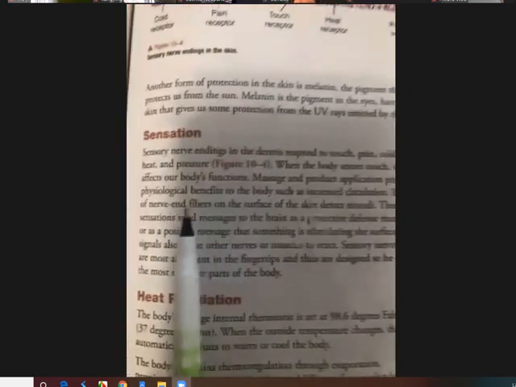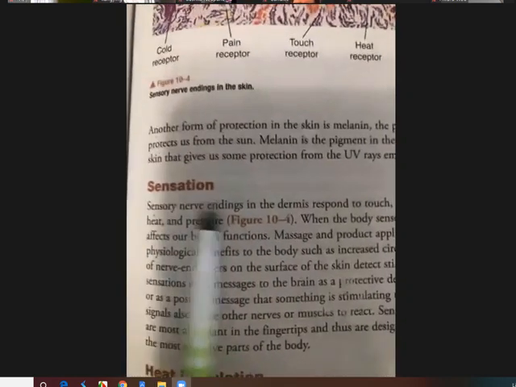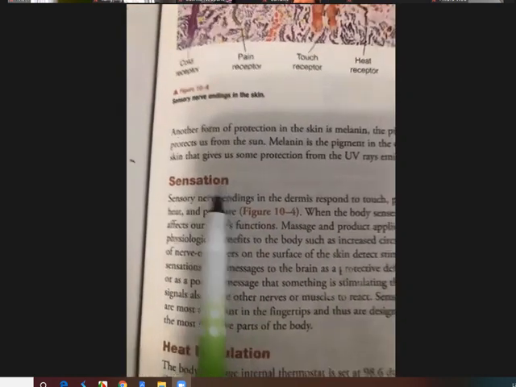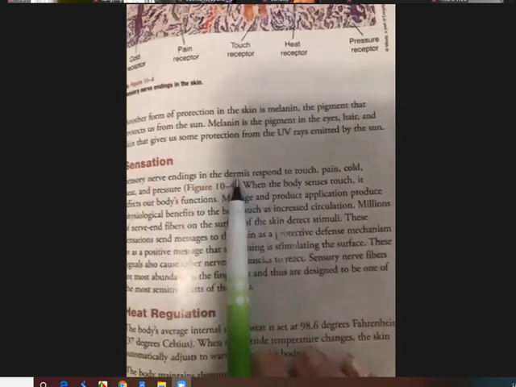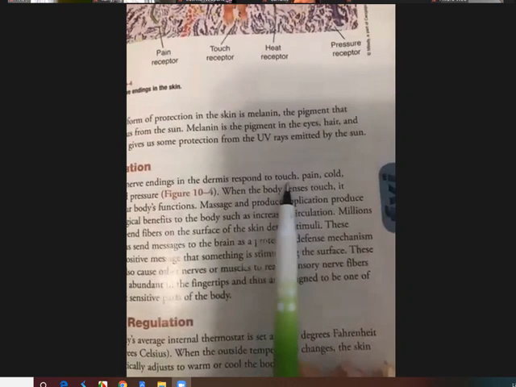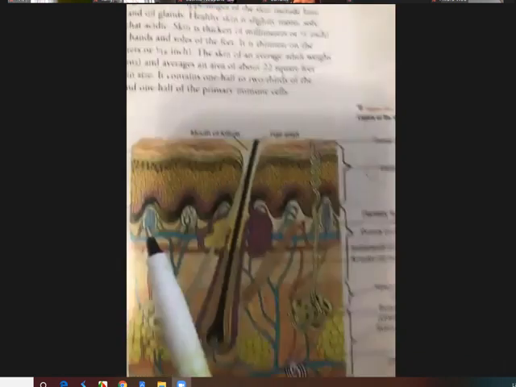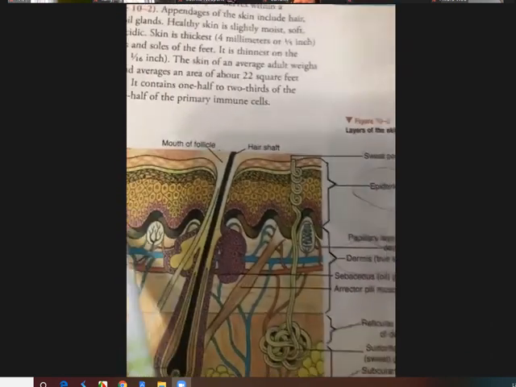Now, the second function of your skin is sensation. Sensation is the sensory nerve endings in the dermis, which respond to touch, pain, cold, heat, and pressure. You can see on this page, I told you already all this. This is your sensory nerve.